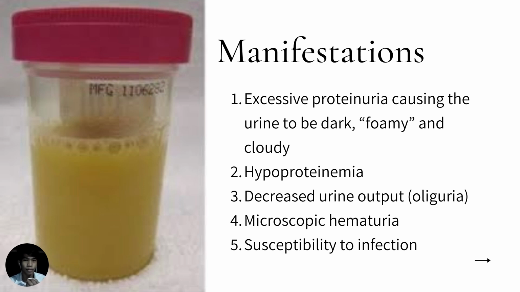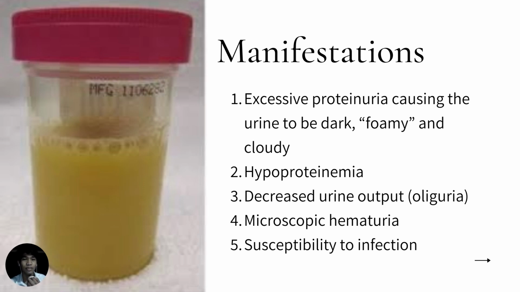Next is hypoproteinemia. Because of loss of protein through urine, the serum protein becomes low in our blood. That's why there is hypoproteinemia, and we will discuss it further in the next slides.